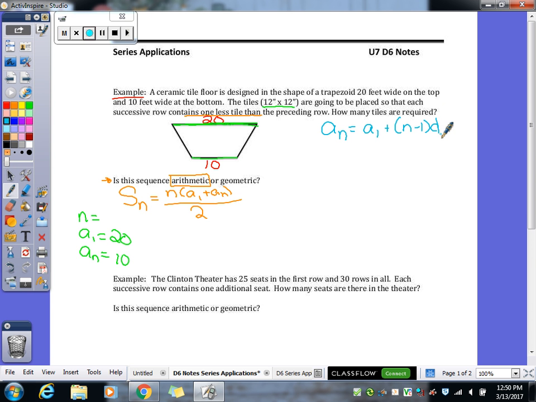So we go back to our arithmetic formula, a sub n equals a sub 1 plus n minus 1 times d. We know our a sub n is 10, our a sub 1 is 20, and I don't know my n, so I leave that as n. What is our d? What are we changing each row by? Since it's 1 less, it's negative 1.